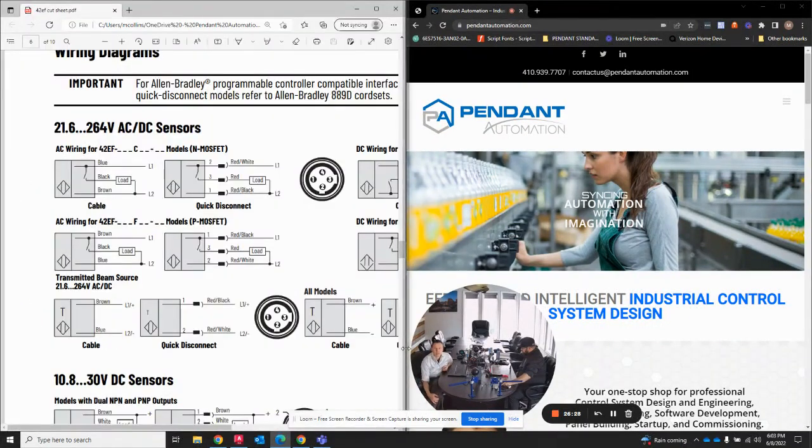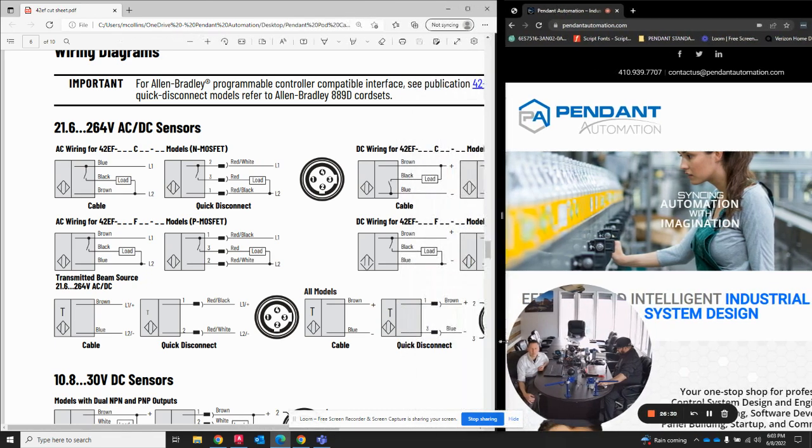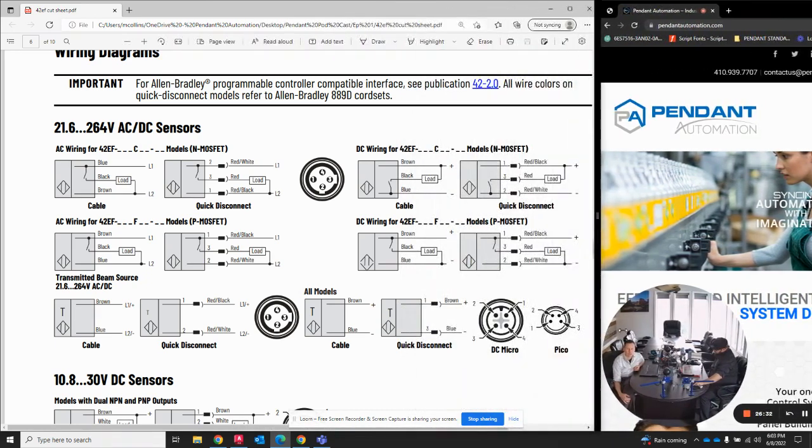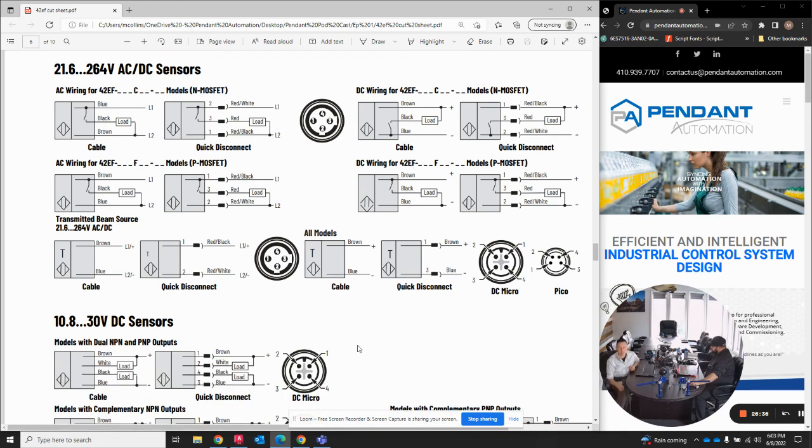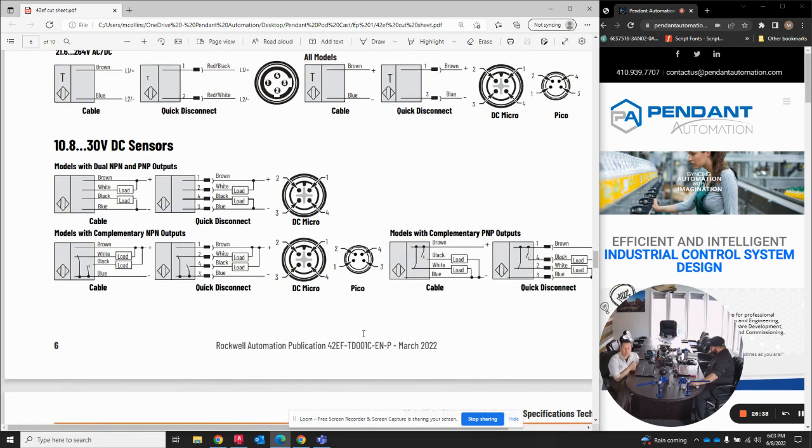And at Pendant, we favor the quick disconnect almost exclusively, simply because it makes for the change out of the photo eyes to be very rapid. If the photo eye goes down, your maintenance and facility person simply just needs to unscrew the cable from the photo eye, put a new one in, reconnect it to the cable, and then they are good to go.